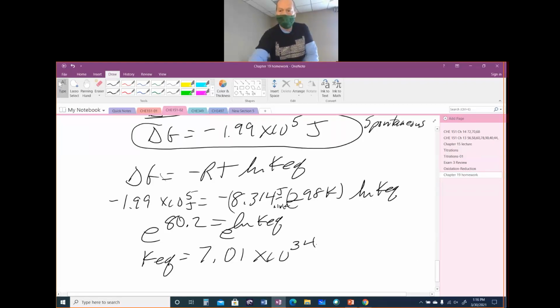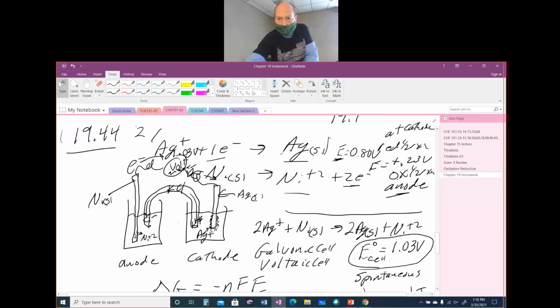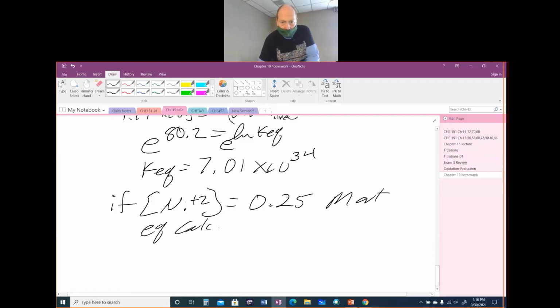All right, and so the next question can be: if the concentration of nickel plus 2 is equal to 0.25 molar at equilibrium, calculate the concentration of Ag plus at equilibrium.